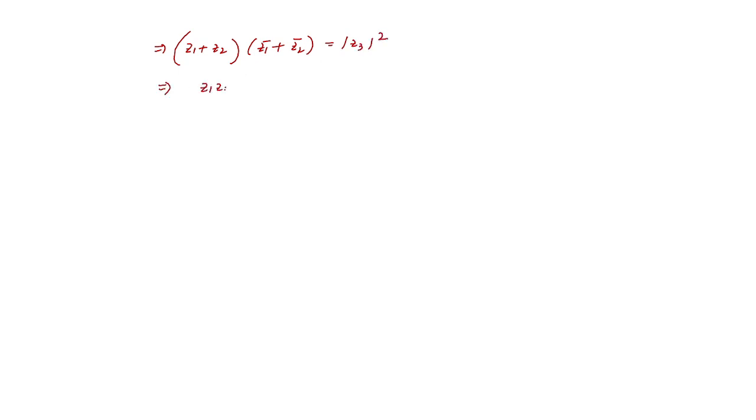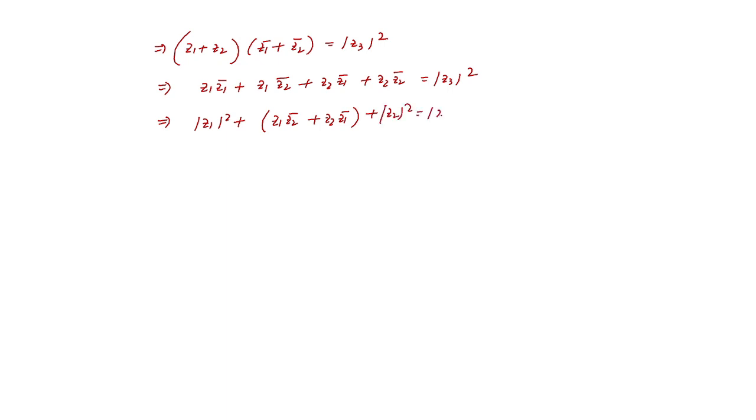That means Z1 Z1 bar plus Z1 Z2 bar plus Z2 Z1 bar plus Z2 Z2 bar equals mod Z3 whole square. From this we can write mod Z1 square plus Z1 Z2 bar plus Z2 Z1 bar plus mod Z2 whole square equals mod Z3 whole square.